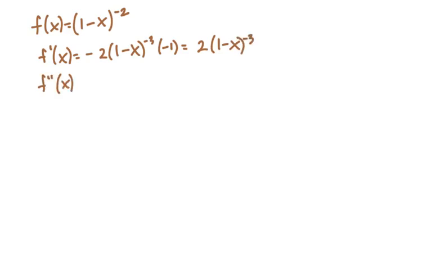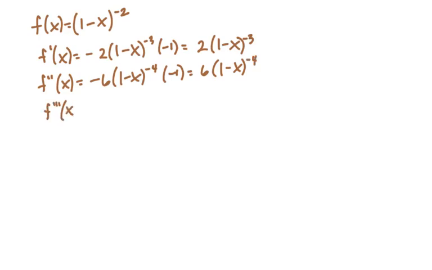And our second derivative would be 2 times negative 3 is negative 6 times 1 minus x to the minus 4 times negative 1, which makes 6 times 1 minus x to the minus 4.